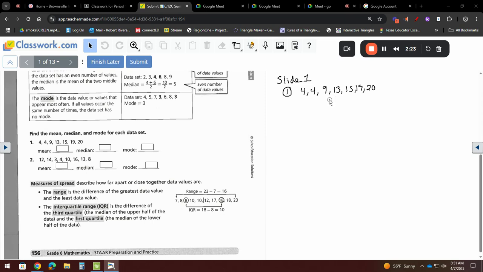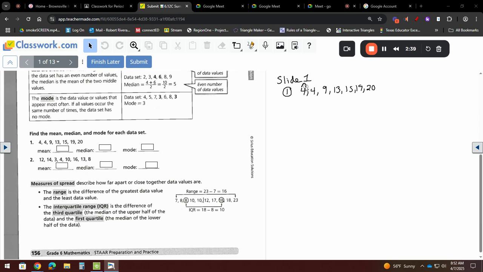But what I'm going to make you do, besides just answering those, is create a box plot, because some of you had trouble with that from what I saw in the test from Friday. So, what's the first step of creating a box plot? Finding the median of the whole data.